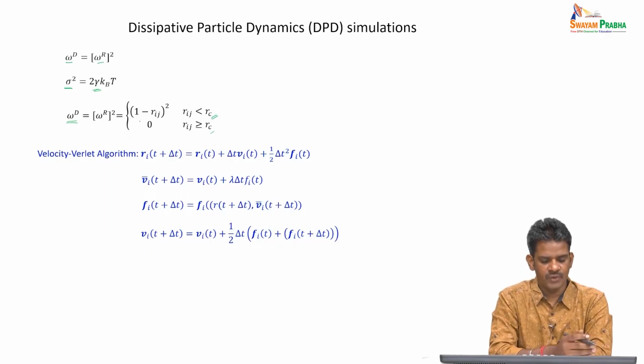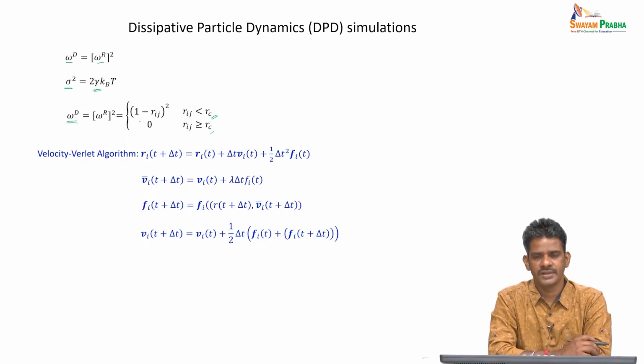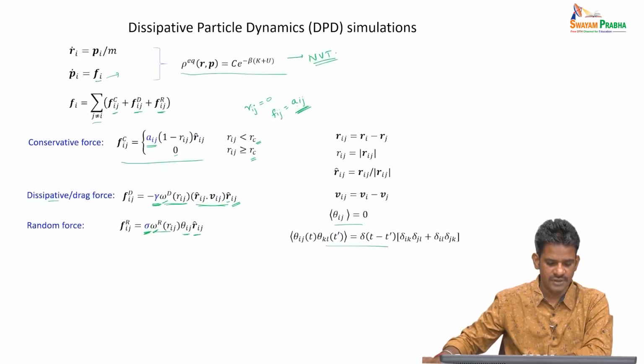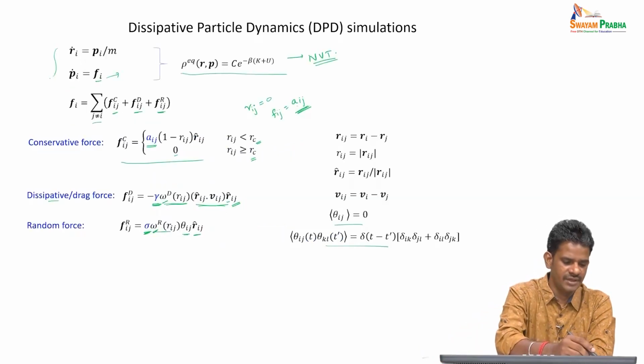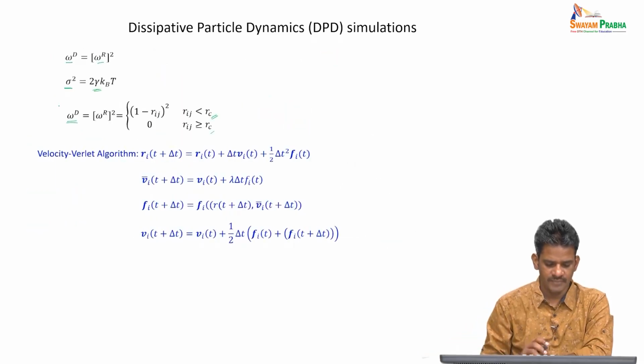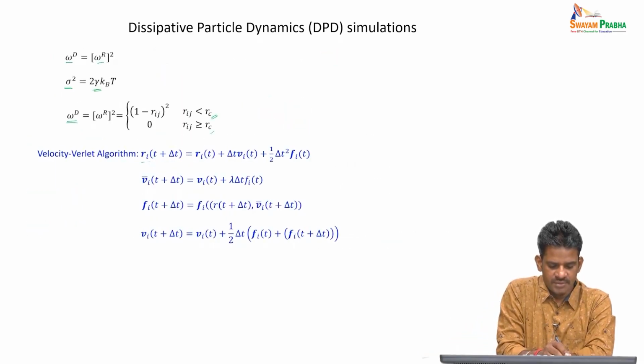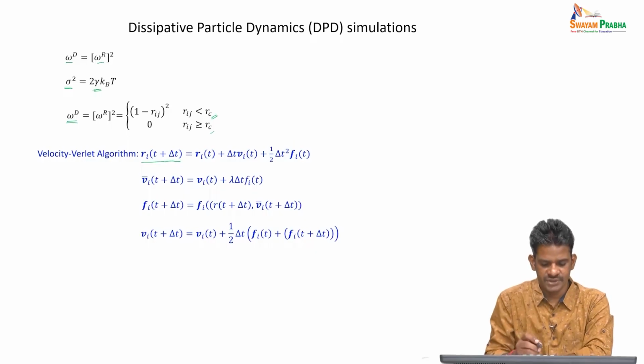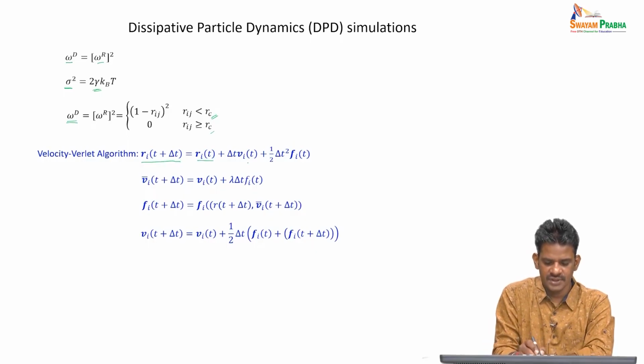Then one can use a certain type of discretization algorithm to solve the dynamical equations given in this set of equations. If you look at this particular algorithm, we first update the DPD particle positions using the current position, current velocity and the current force.